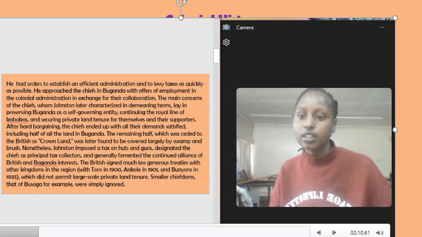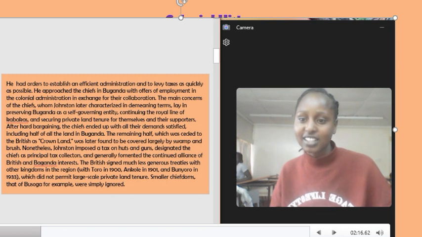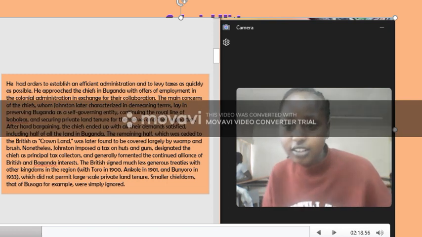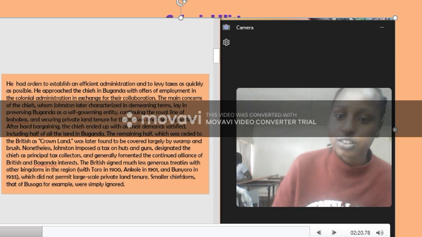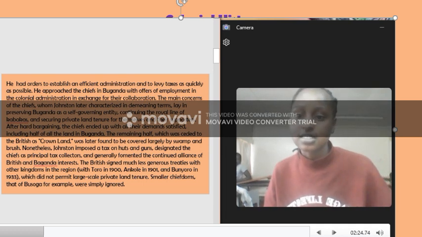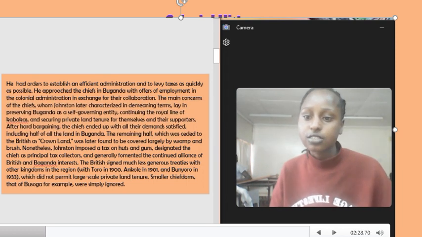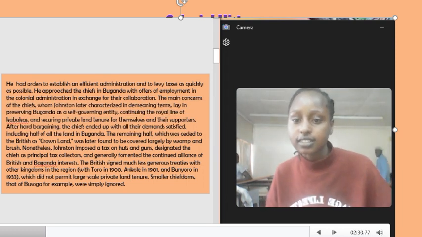The remaining half was ceded to the British, and the Crown land was later found to be covered largely by swamps and bushes. Johnston imposed taxes on huts and guns, designated the chiefs as principal tax collectors, and generally fostered the continuing alliance of British and Uganda interests.